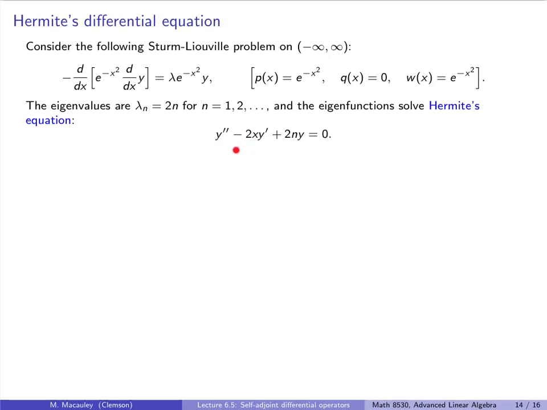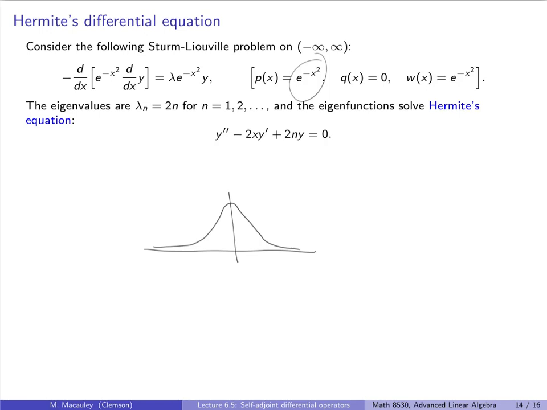Now this might be a bit of a surprise because this doesn't actually have an exponential in it, so those things end up canceling out. And I don't know too much about this because this comes from quantum mechanics. I know that this e to the minus x squared is this Gaussian, and quantum mechanics involves distributions of electrons, and so these things do come up. Again, I don't know the details, so I encourage you to look into it if you want to know more.